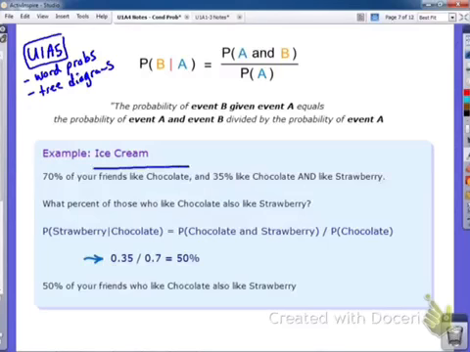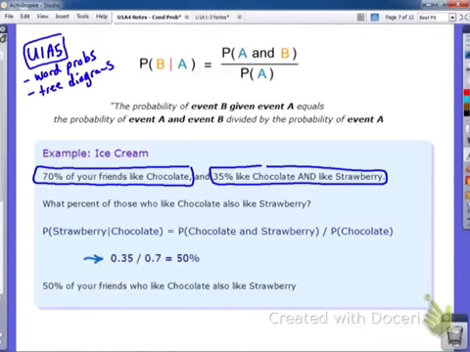70% of your friends like chocolate. 35% like chocolate and strawberry. What percent of those who like chocolate also like strawberry? Now notice how this question is turned into this expression right here.